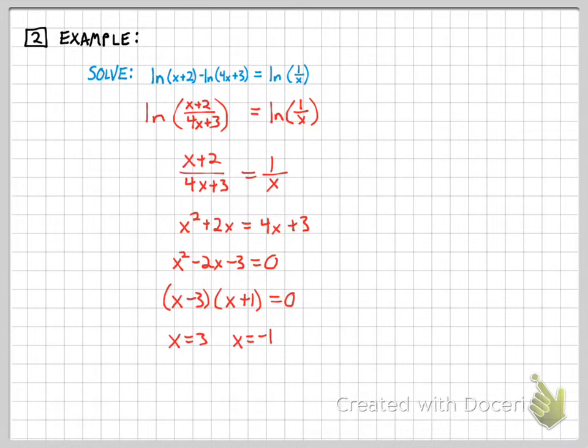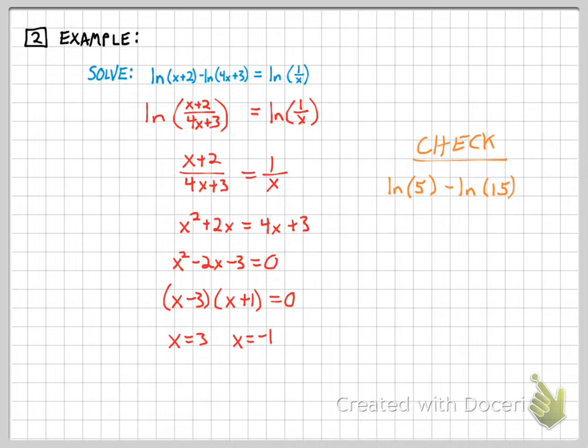Again, I want to make sure at the very end that I do a check. I do my check here in orange. My check for this problem would involve making sure that the solutions I got both work in the original equation. If I go back and plug 3 into the original equation, I would get log of 5 minus log of 4 times 3 plus 3, which is 15.